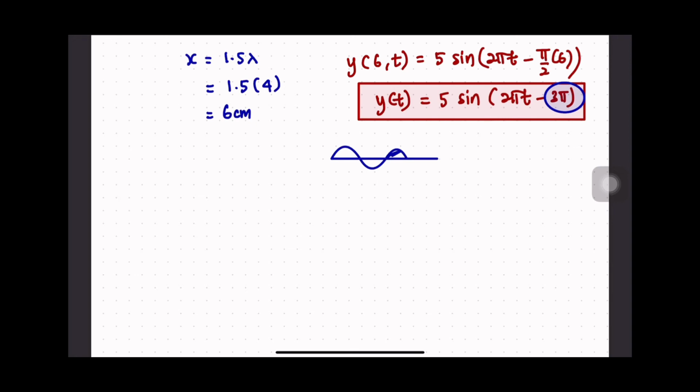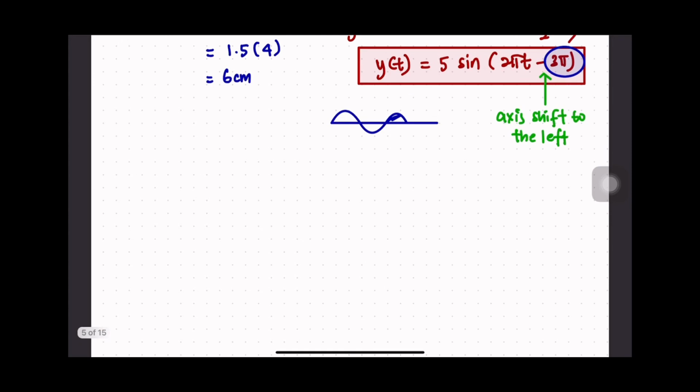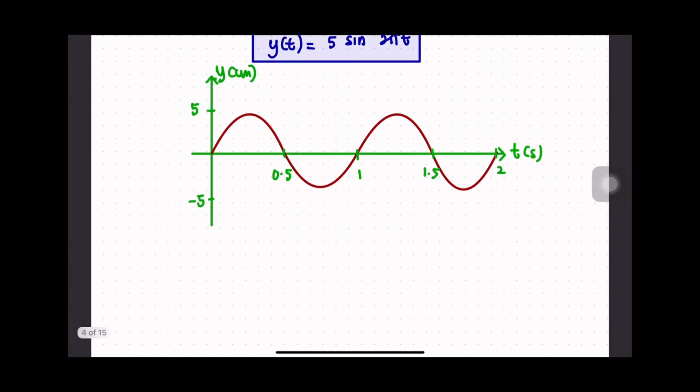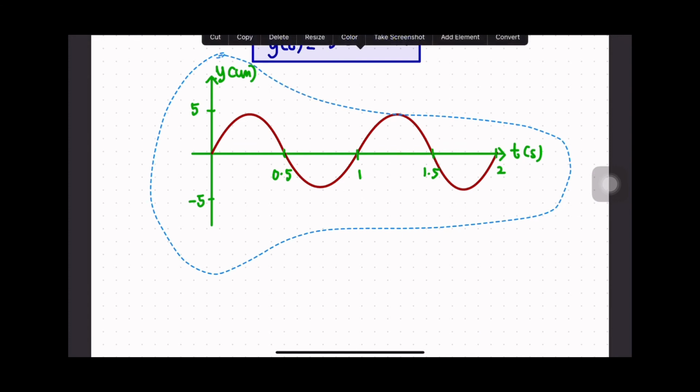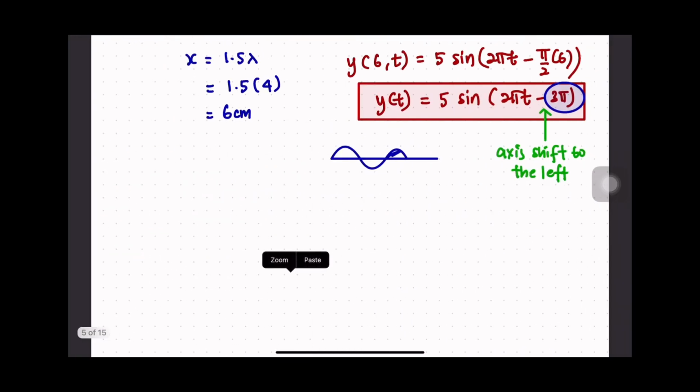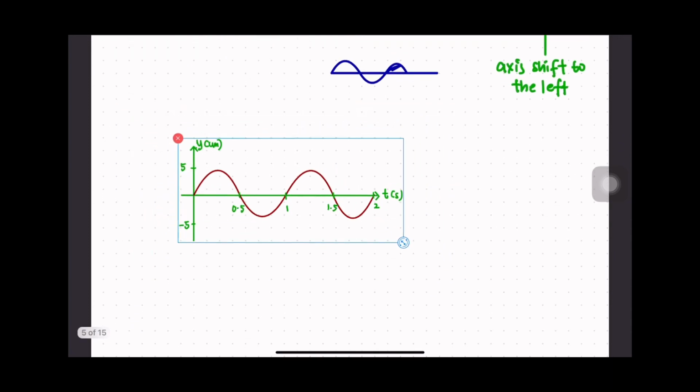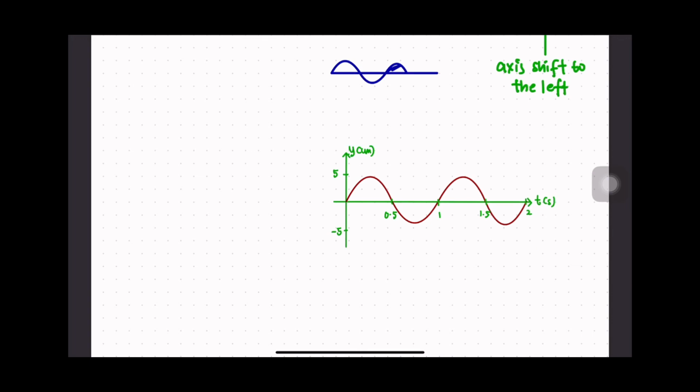Alright. So the negative here also means, which way do we move the axis? Axis shifts to the left. Okay. So take the previous graph again. This graph. Okay, so we want to shift it to the left by 3 pi. So I will shrink this graph. Okay, so now we want to move by 3 pi. 1, 2.